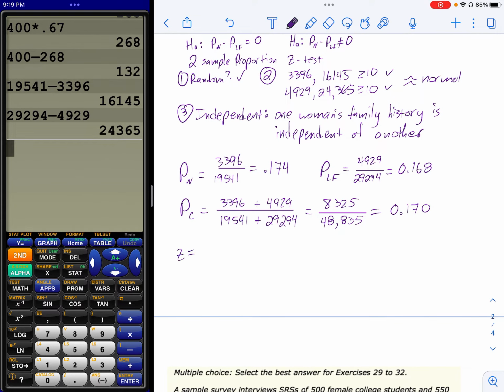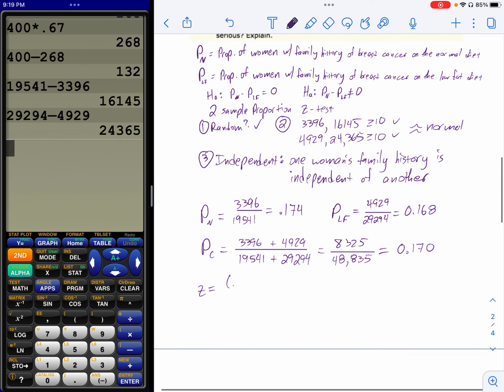So Z score is, which way were we subtracting? We are doing the normal diet minus the low-fat diet. So this is 0.174 minus 0.168 minus 0, because remember the null is 0. Oftentimes, if you've done this a few times, you just start leaving this off because you know it doesn't do anything.